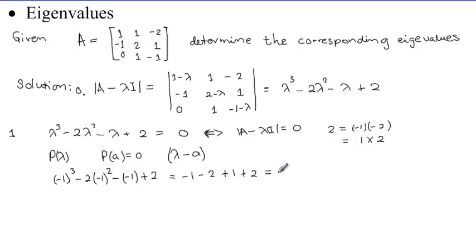This gives us 0. So according to this, lambda minus a, where a is minus 1, is our factor, which actually means that lambda plus 1 is a factor. Now we can use this factor to divide this polynomial, using long division of polynomials, to reduce this cubic expression to a quadratic one.